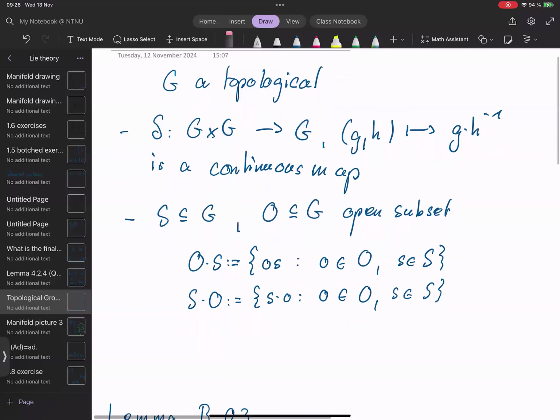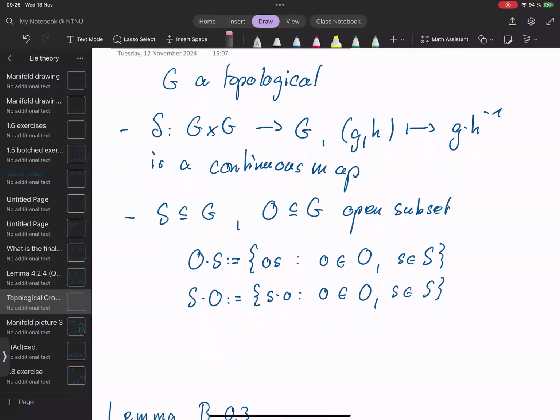Since left and right translation with fixed elements are continuous, it's easy to see that these sets are open. Since O is an open subset, these product sets are, again, open in the topological group.